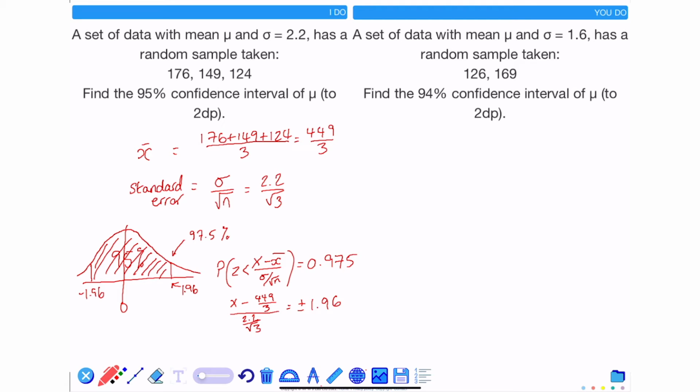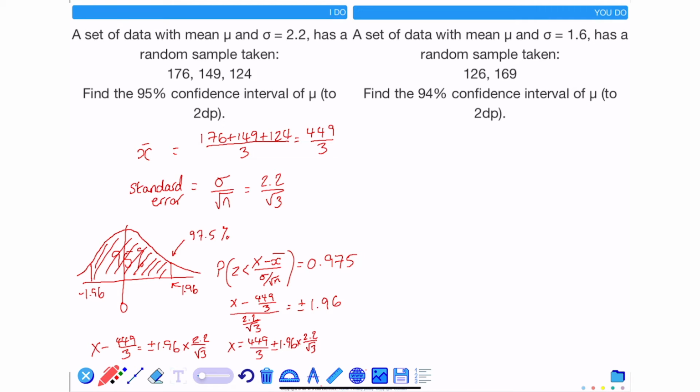Multiplying both sides by 2.2 over root 3 gives me x minus 449 over 3 is equal to plus or minus 1.96 times 2.2 over root 3. And finally, adding 449 over 3 to both sides, x will equal 449 over 3 plus or minus 1.96 times 2.2 over root 3.